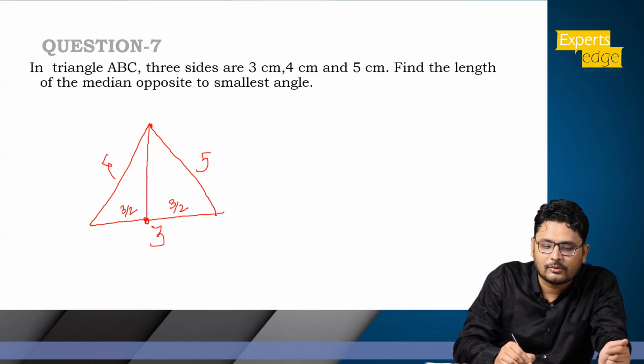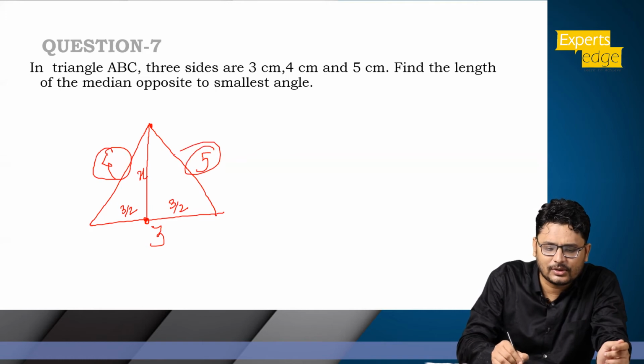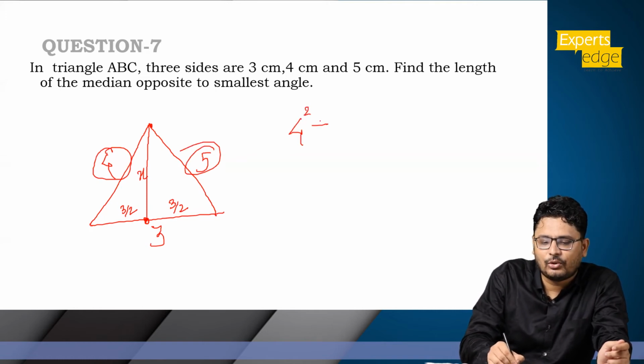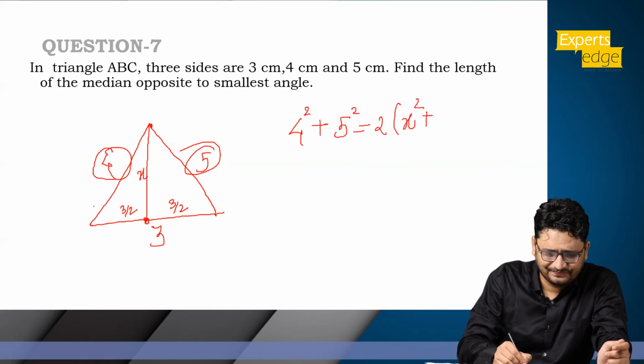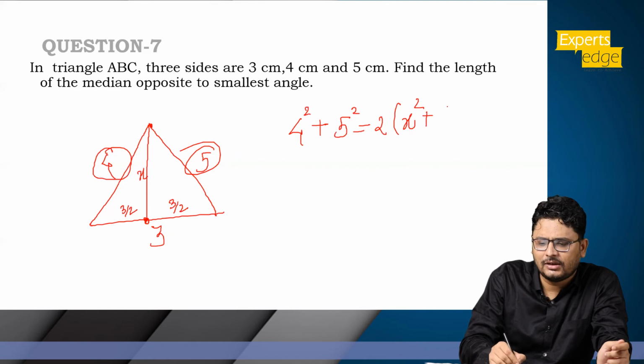And what is he asking? The length of the median. So basically this x, right? So what can I directly apply here? Apollonius theorem. I hope you remember Apollonius theorem. I am not writing ABC, it is directly visible. That is 4 square plus 5 square, right? By Apollonius, 4 square plus 5 square should be equal to twice of the median square, that is x square, plus half of the opposite side, that is nothing but (3/2) square.